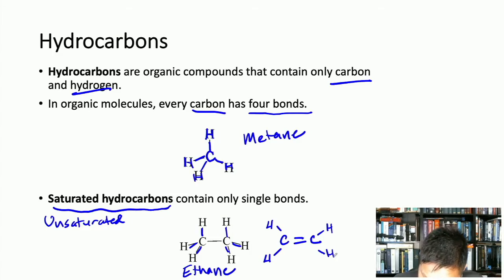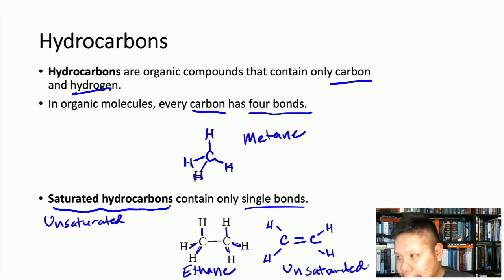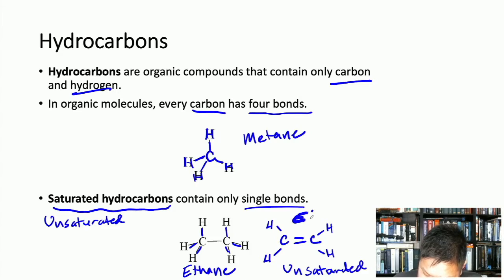And since it's no longer only single bonds here, this is an unsaturated hydrocarbon, right? We'll learn more about this when we start talking about alkenes, but this is named ethene.